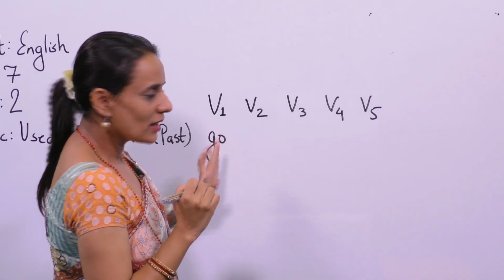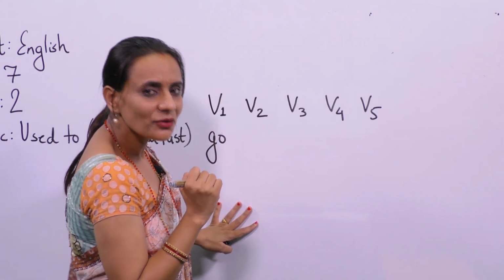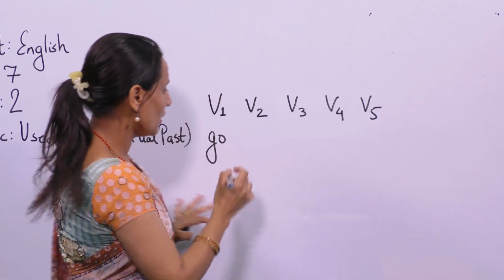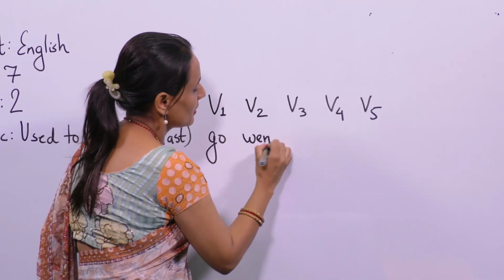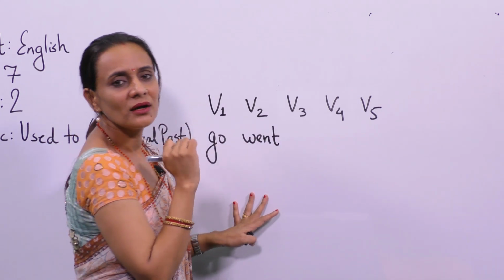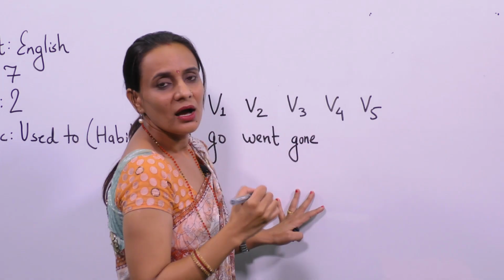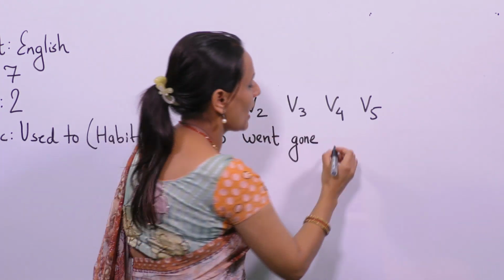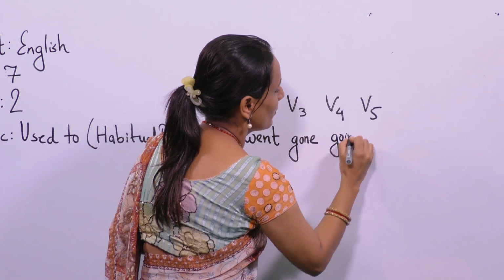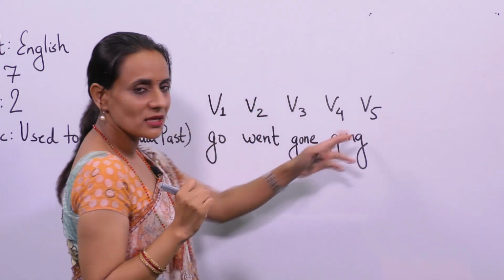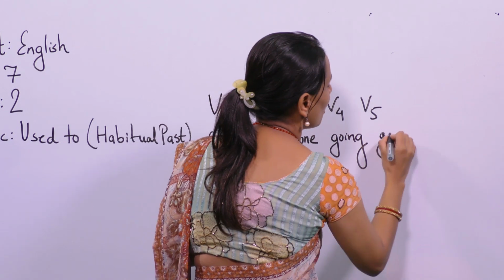Go is verb 1, verb 2 is what? Can you recall? Okay, went. After that, gone. And verb 4 is going, the ing form. And at last, verb 5 is goes.